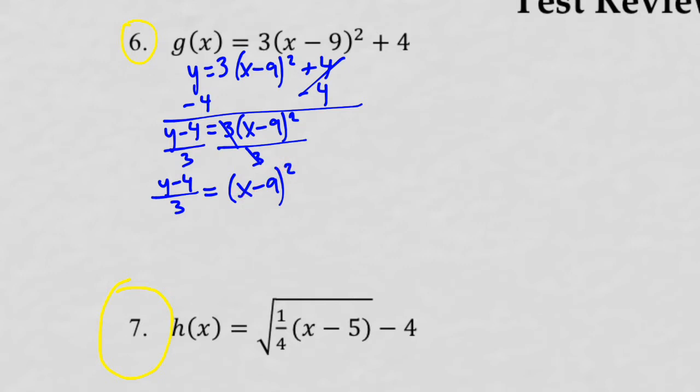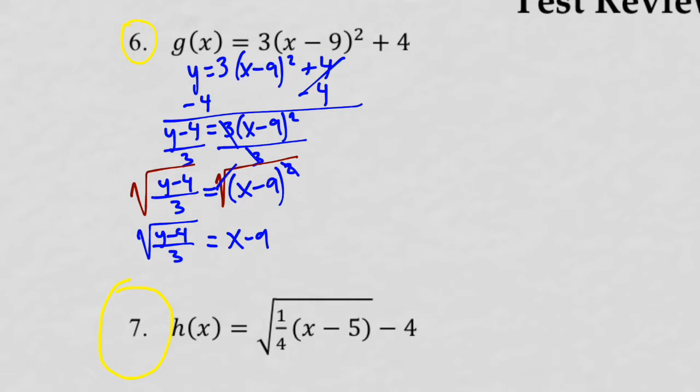So we're going to take the square root of both sides. Square root, square root. So what I'm going to have left is square root of y minus 4 over 3 equals x minus 9. Just x minus 9 because the square and the square root canceled out. And finally, remember the goal is to isolate the x.